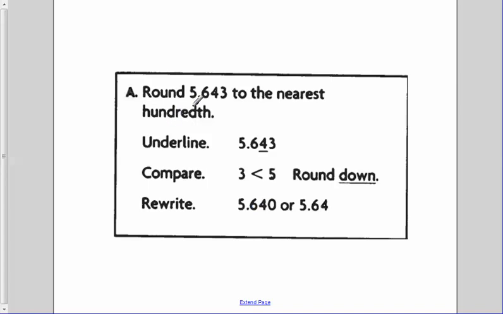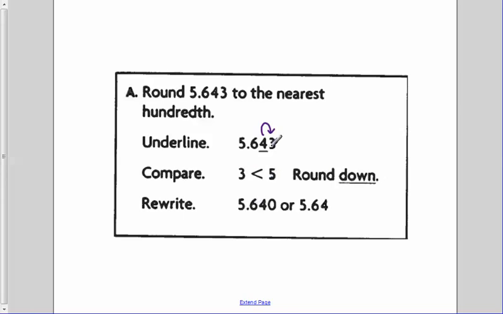First example here, we have round 5 and 643 thousandths to the nearest hundredth. So our 4 is in our hundredth place. So we look to the digit to the right, and it's a 3. Since 3 is less than 5, we are going to round down.